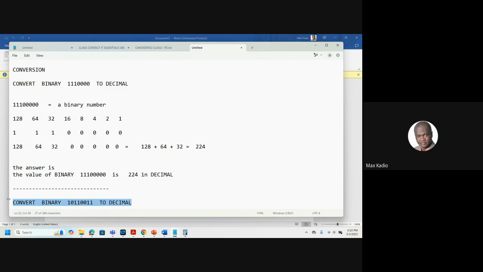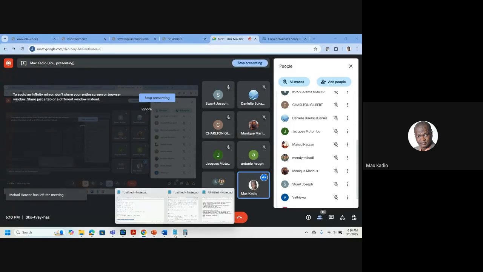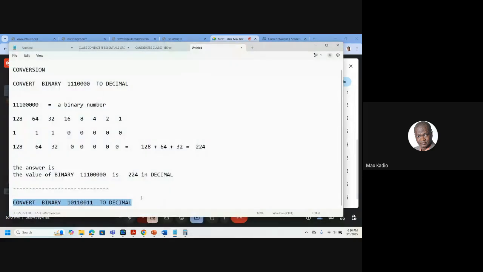Okay, let's do the answer. The first lady who was connected to the session was Monique. So, comrade Monique, can you please help us? What to do from here?